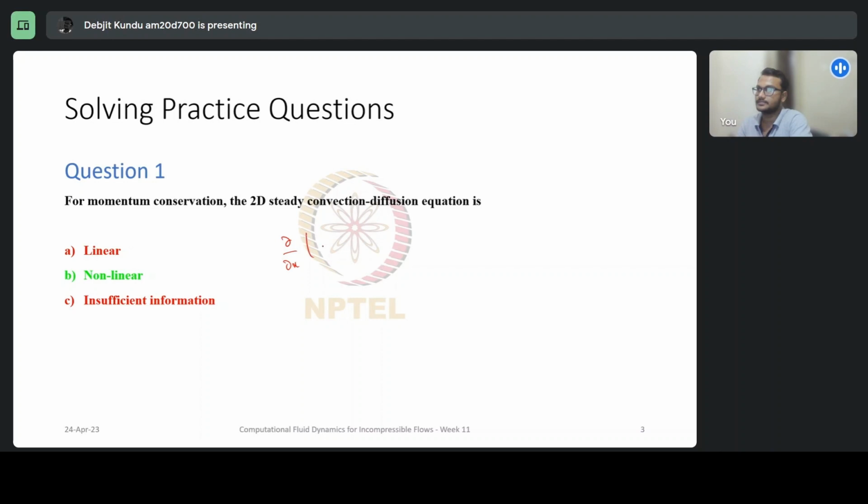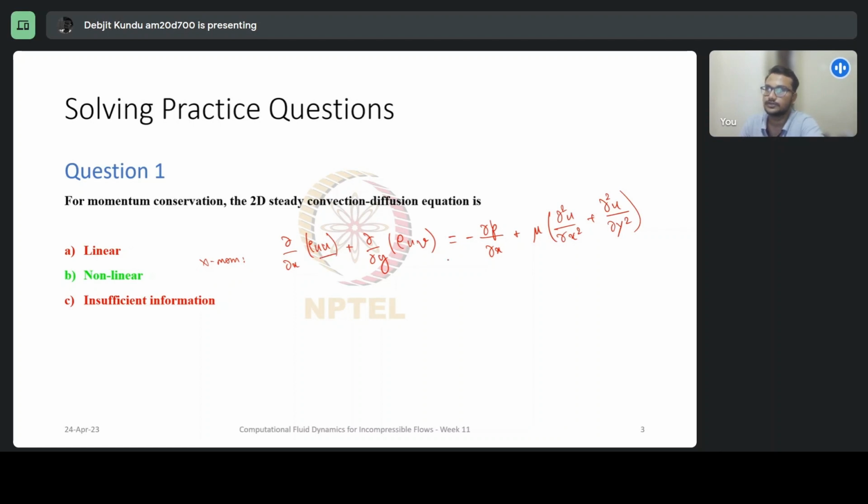It becomes dou dou x of rho u squared plus dou dou y of rho uv equal to minus dou p dou x plus mu into dou square u dou x square plus dou square u dou y square. This I am writing for the x momentum equation.